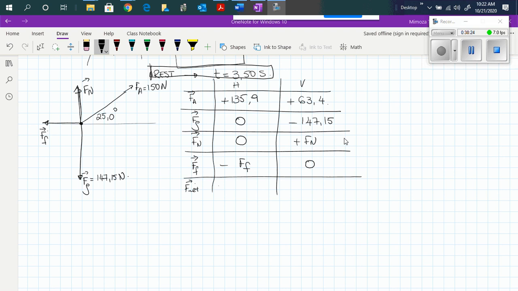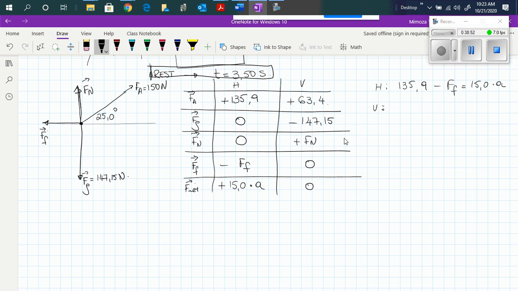So this will be positive 15 times acceleration, and here will be 0. From the horizontal, what we have is 135.9 plus negative force of friction is equal to 15 times acceleration.